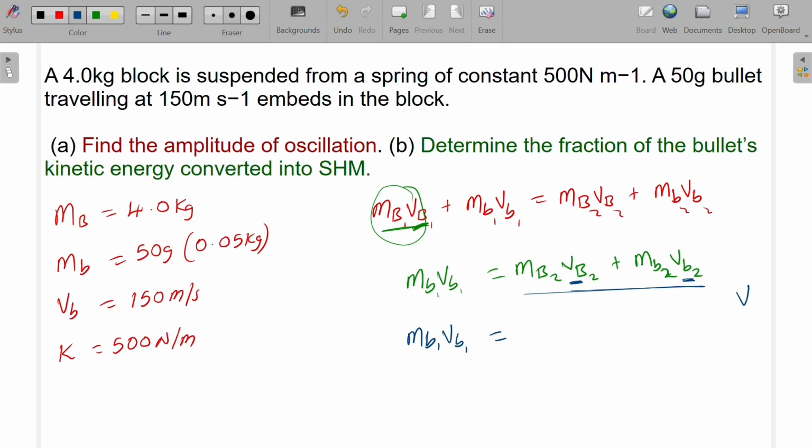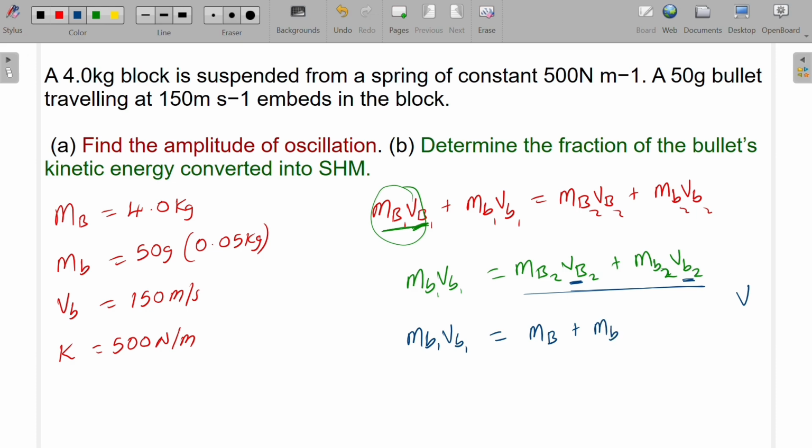It implies to say we can have that part as Z. Since the masses are different, we'll have the mass of the block here added to the mass of the bullet.